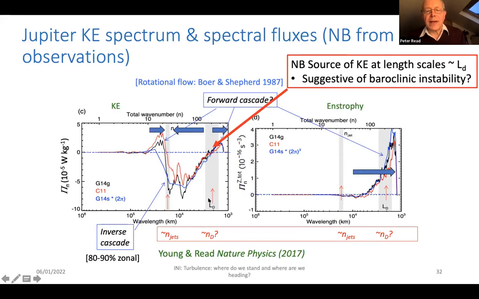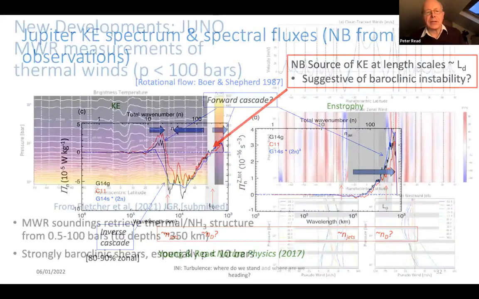So the fact that we see this kinetic energy source at this particular length scale is suggestive of a role for baroclinic instability in Jupiter's atmosphere, much as we find in these other planets, Mars and the Earth itself.